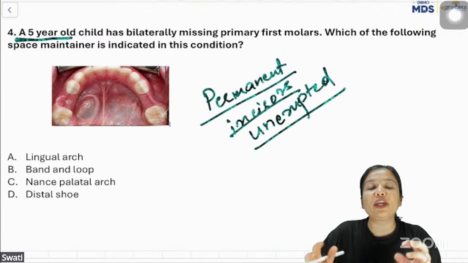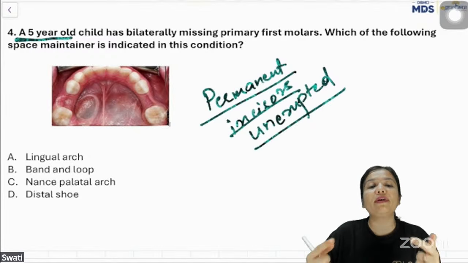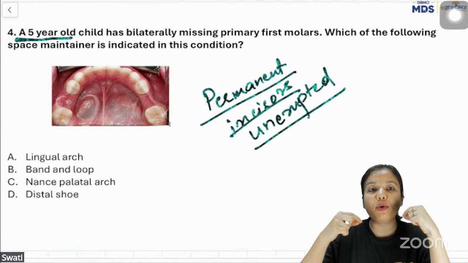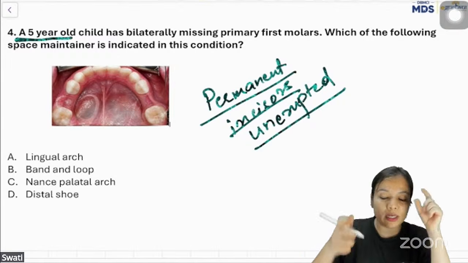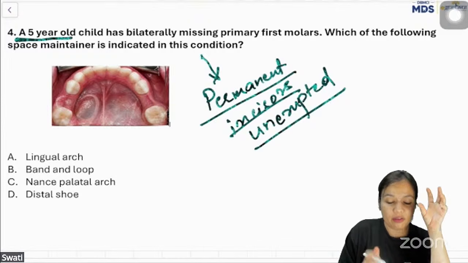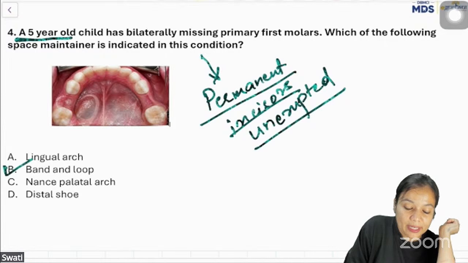That is why we cannot give a lingual arch. So generally when there is bilaterally missing lower primary molars, we give a lingual arch space maintainer. But because the permanent incisors are unerupted, we will give a bilateral band and loop space maintainer.